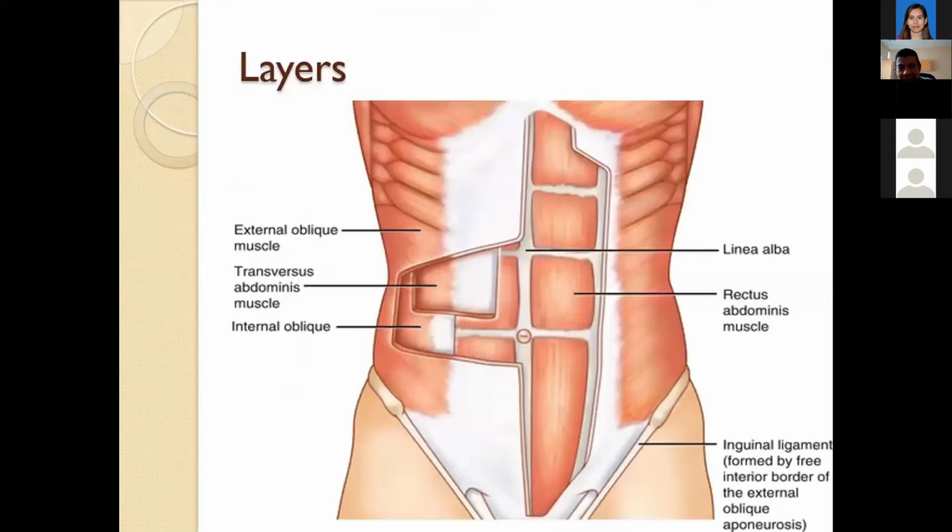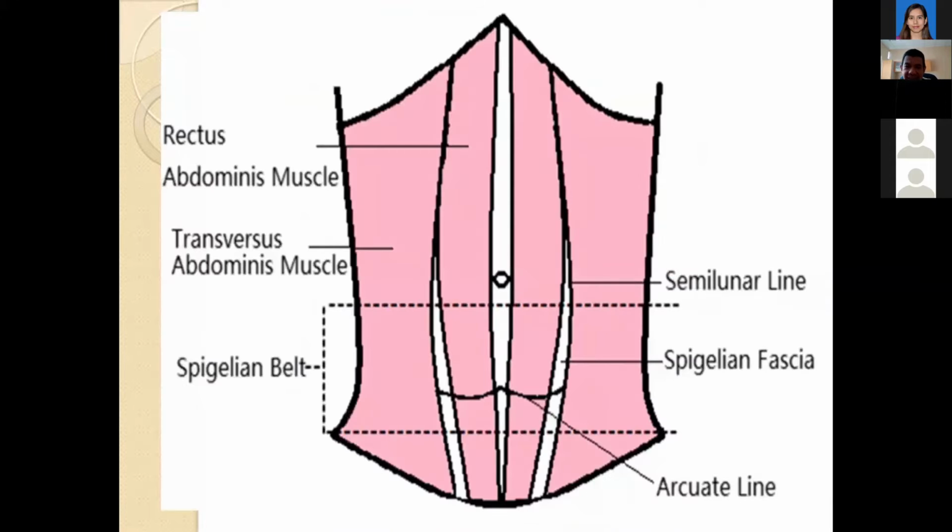So this is the basic layer of the abdomen: external oblique, transverse abdominal muscle, internal oblique, and the rectus muscle at the center. In between these muscles, you can see there are a few things which are very important for us when we face a patient with a disease. We have the spigelian fascia, so we have the spigelian belt area.